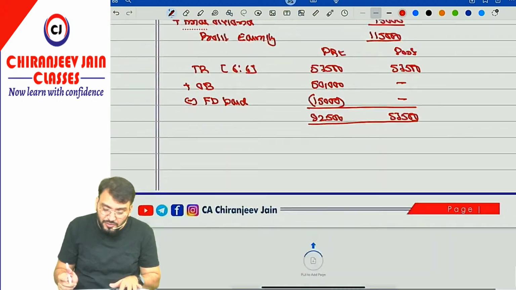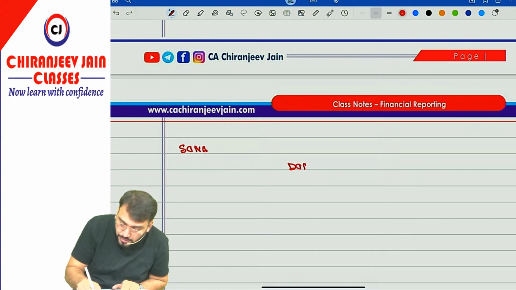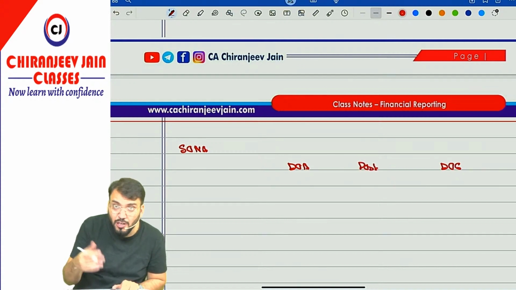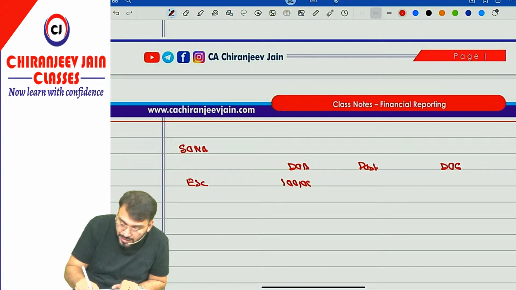Correct. After this we can prepare statement of net asset. We write down date of acquisition, date of consolidation, and post, of course, we have retained profit. How much post is there? Post acquisition profit. So equity share capital given how much? 1 lakh.